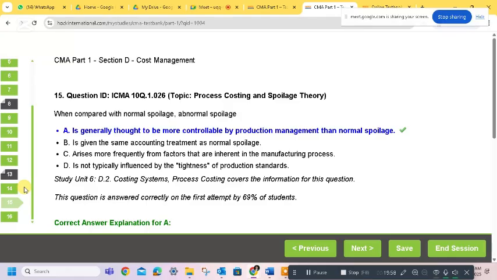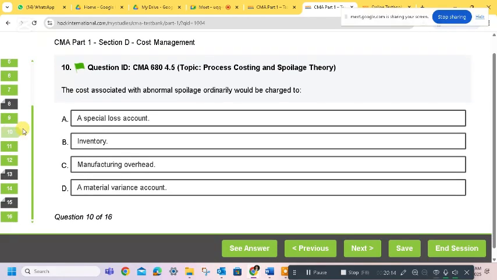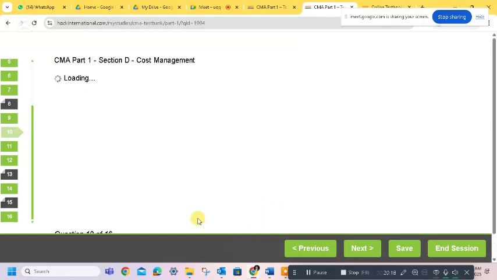But abnormal means we expected that to be controlled, but management failed to control. So it's generally thought to be more controllable by production management than normal spoilage. So you can see we get theory questions like this. Special loss account.